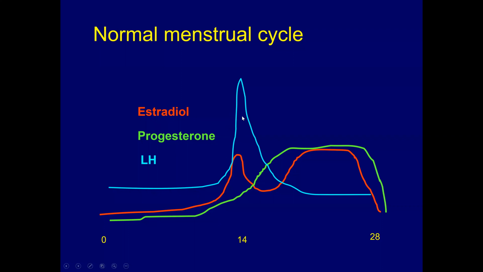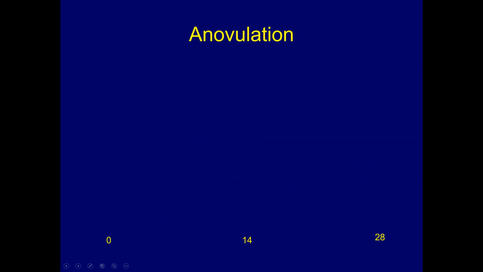Once you have this LH surge with the ovulation, the progesterone will come from the corpus luteum, and then it changes the composition of the endometrium. That's the secretory phase. And if there is no pregnancy, the demise of the corpus luteum leads to the drop of both estradiol and progesterone, and then the menstruation occurs. That's when you have a regular ovulatory cycle.